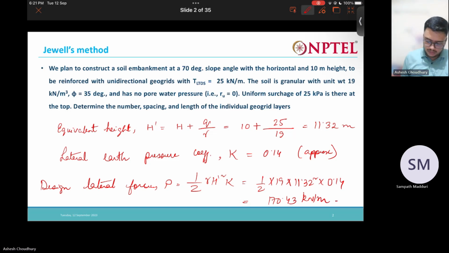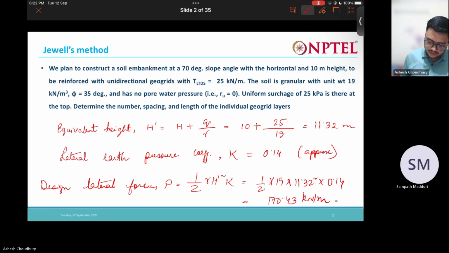Now we will determine the minimum number of layers. To get that, we have the design tensile strength of each grid. If we divide this design lateral force by this design strength, we will get the minimum number of layers that we have to use to get a stable structure.